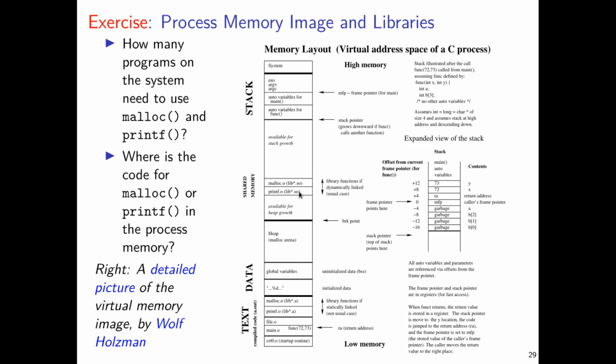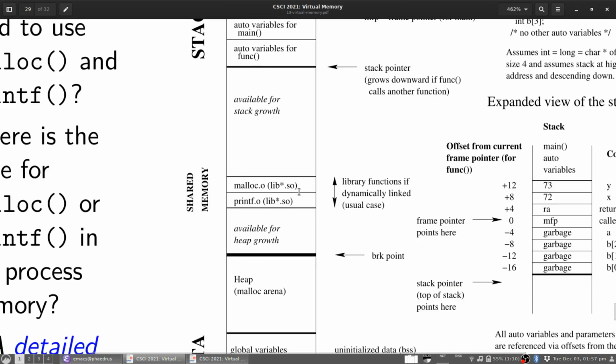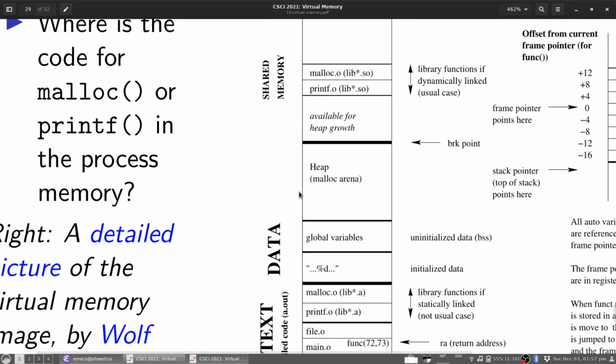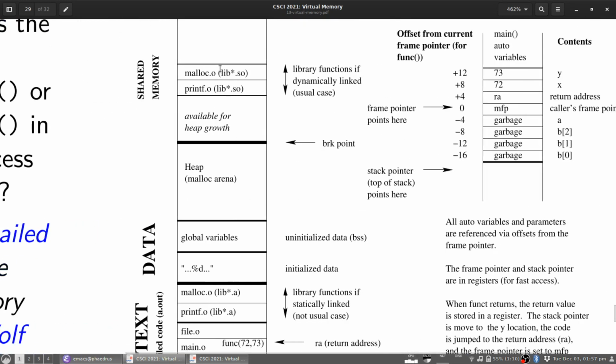And you'll see a couple replications here. In fact, I should probably increase the size of this for those of you who have low resolution or are hard of seeing here. You'll see up here in this shared memory area a mention of malloc.o with this lib.so extension. And down here a malloc.o with a lib.a.